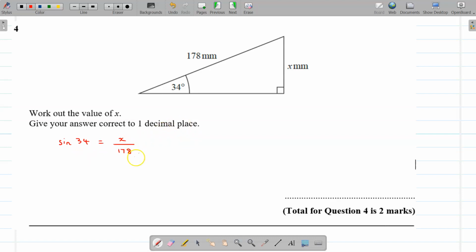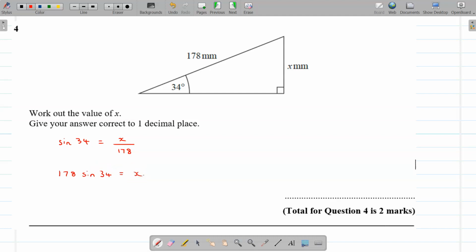So if that's true, multiply both sides by 178. You get that 178 multiplied by the sine of 34 equals x.